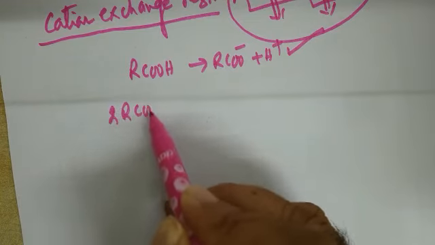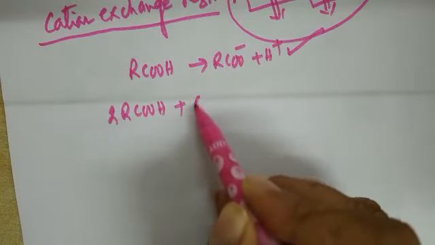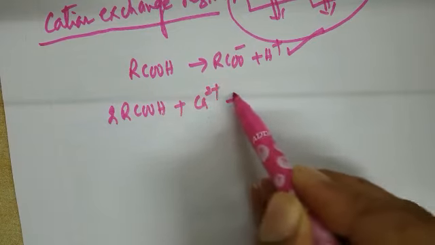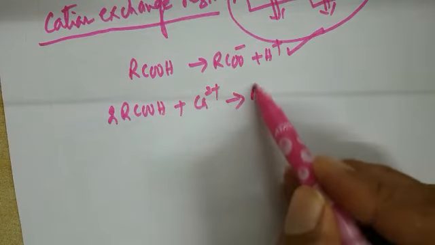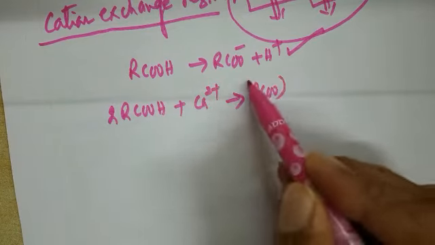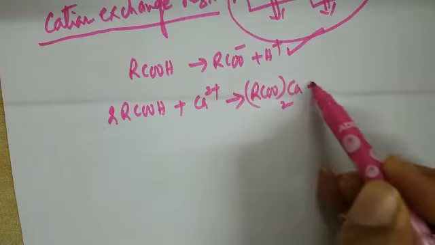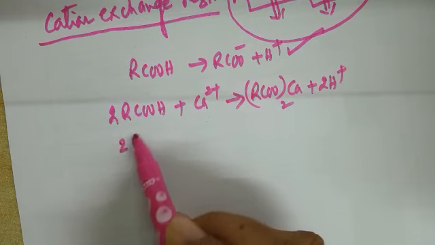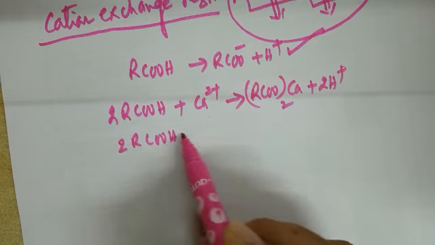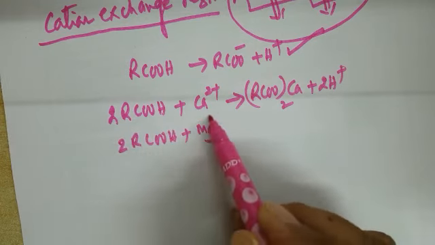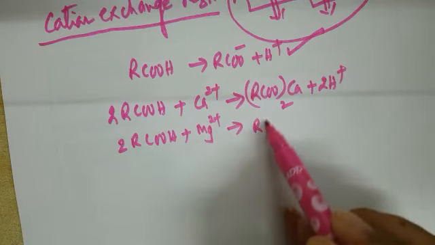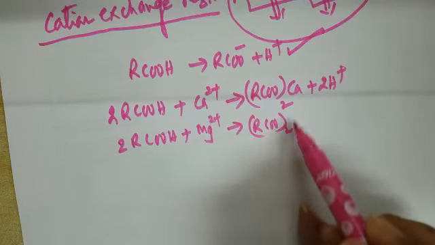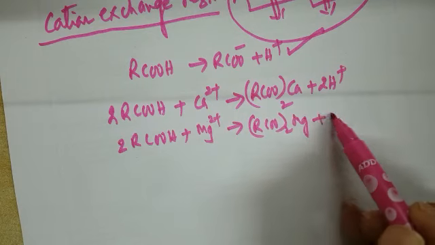2 moles of RCOOH plus Ca2+ gives rise to (RCOO)2Ca plus 2H+, and similarly 2RCOOH plus Mg2+ gives rise to (RCOO)2Mg plus 2H+.